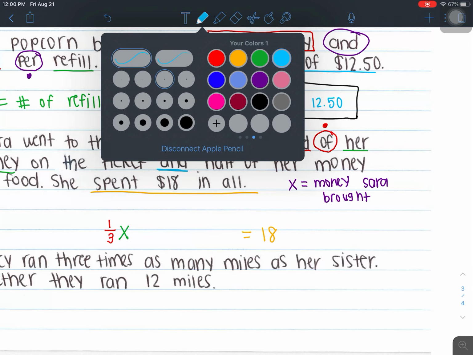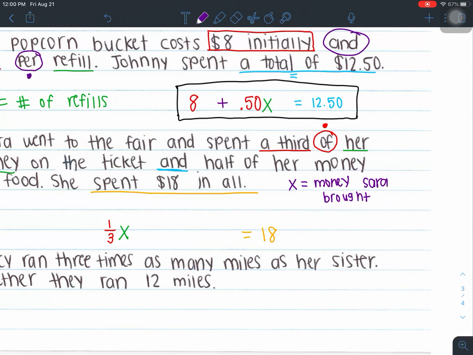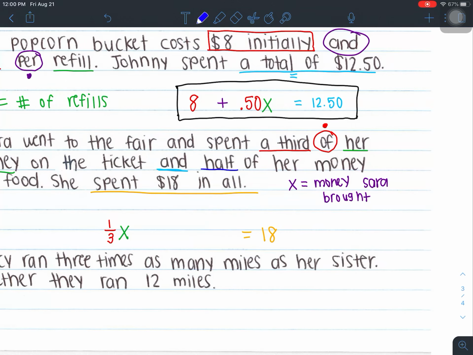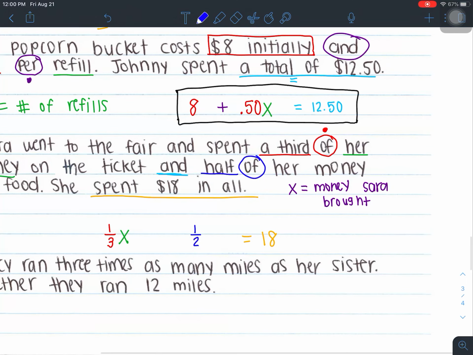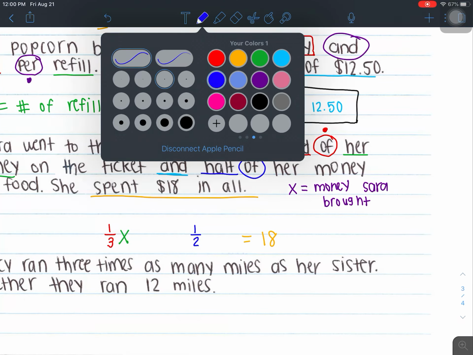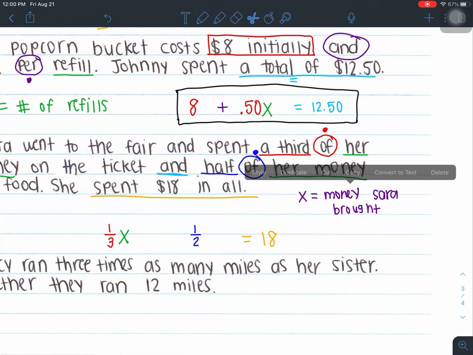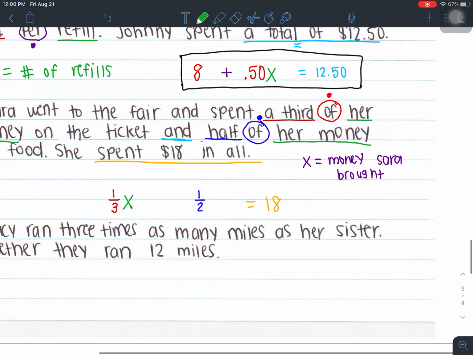Okay, and she spent, oh, I can't use purple because I've already used purple. Let's use blue. She spent a half of, okay, half of means multiply, which means I'm going to multiply it to something. Half of her money. Well, her money, I still don't know how much money she brought, right? I have no idea.